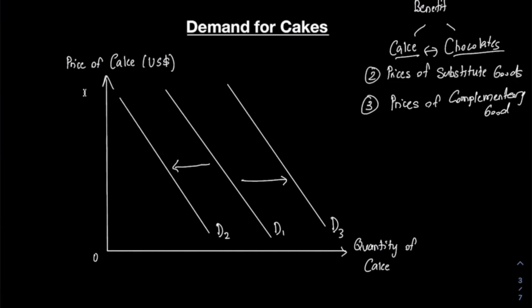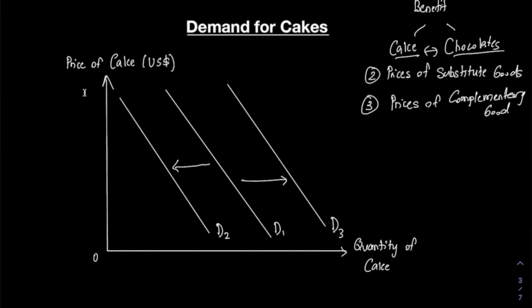Because for example, most people eat cakes with ice cream together, right? So this time, imagine if the price of ice cream falls, more people would then buy cake because most people usually eat cake with ice cream. If ice cream is cheaper, I need to buy more cake to complement my enjoyment of ice cream.